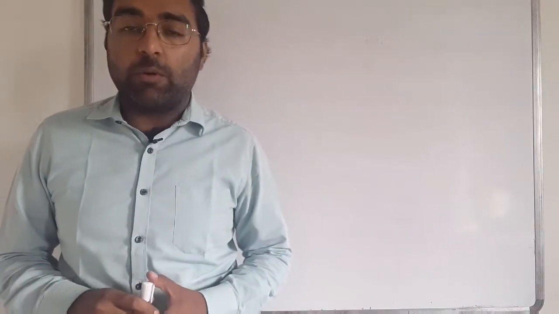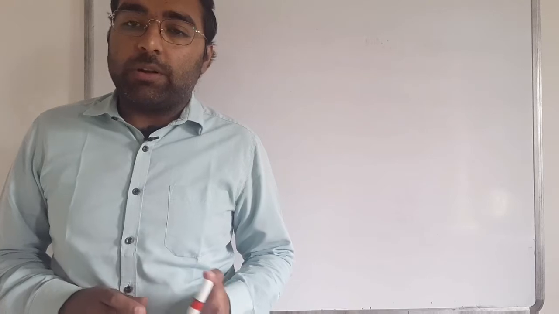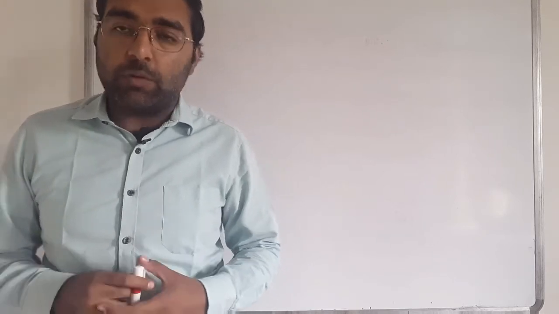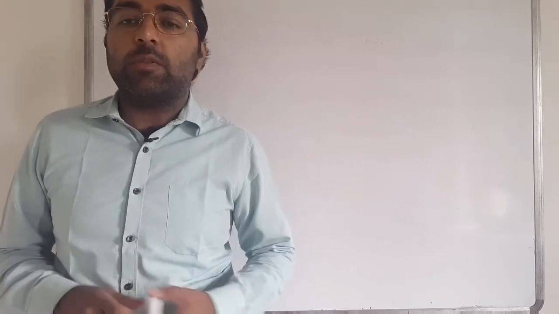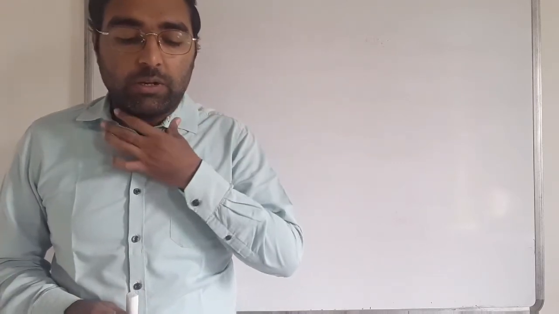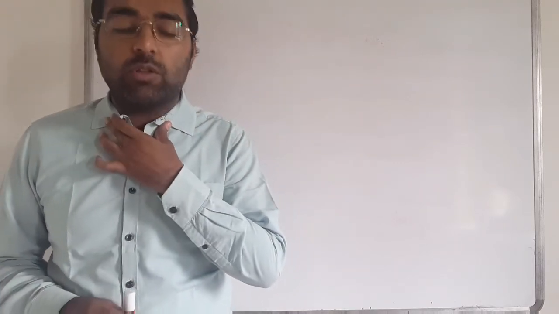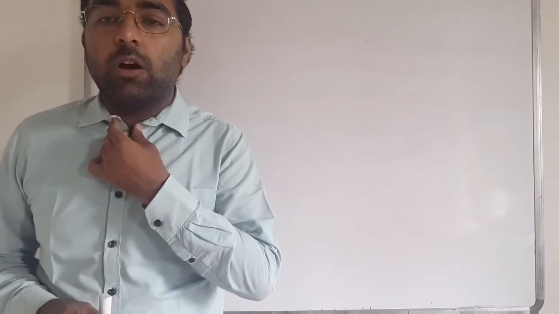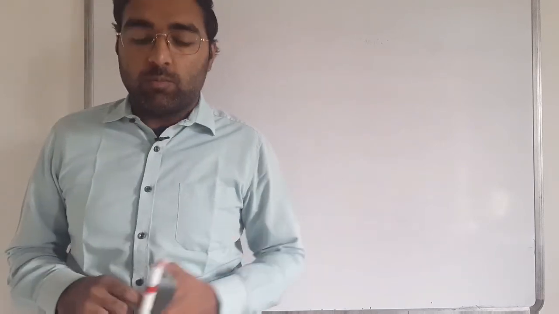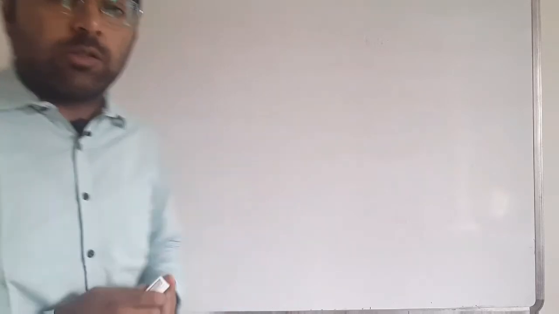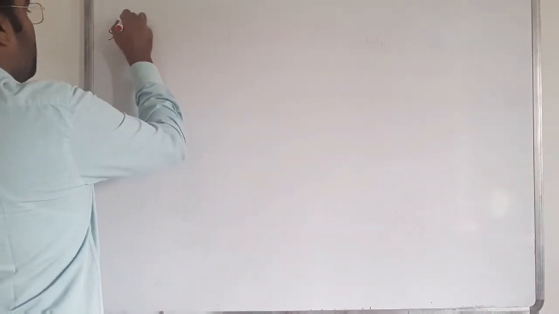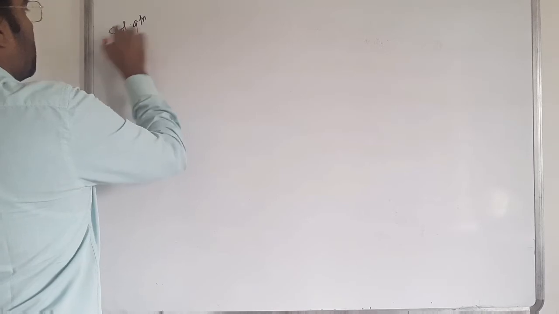Today we have to see chapter number 9, exercise 9.3, from question number 4. As per the previous session, we have already seen exercise 9.3 questions 1, 2 and 3. So let's start again.